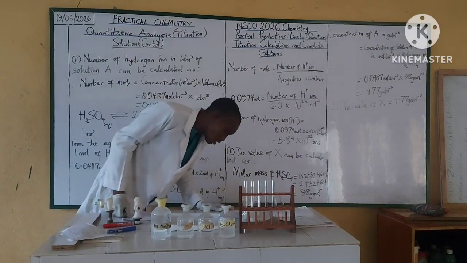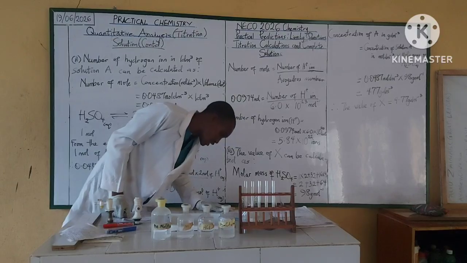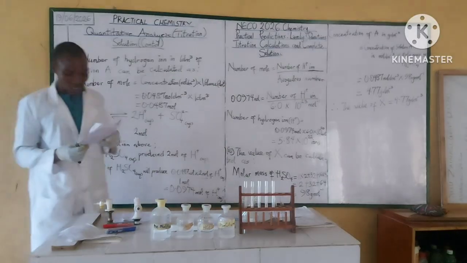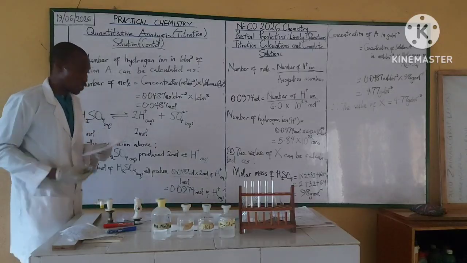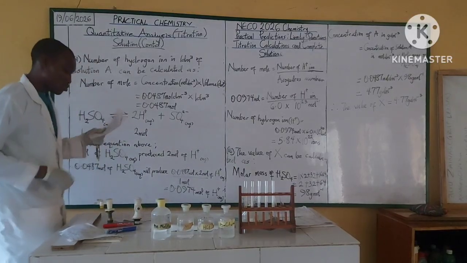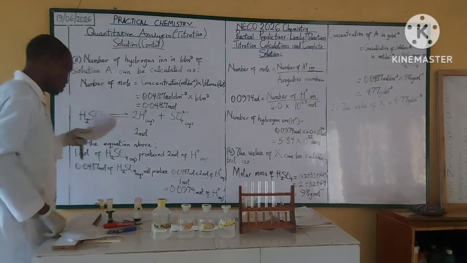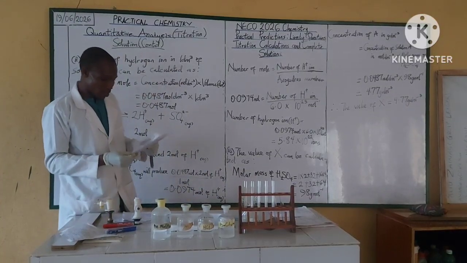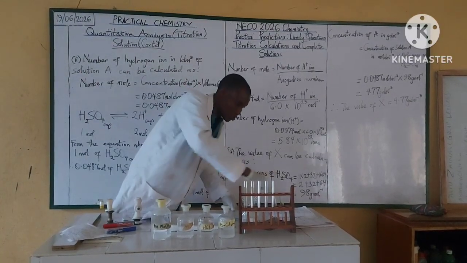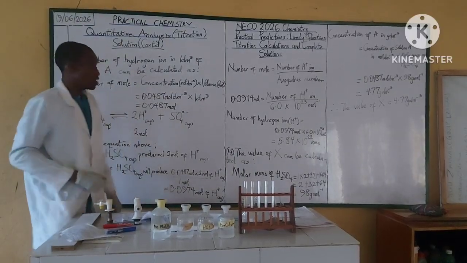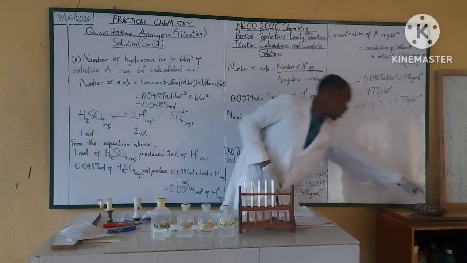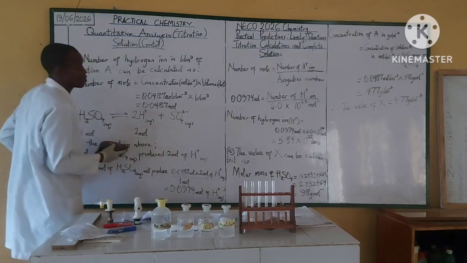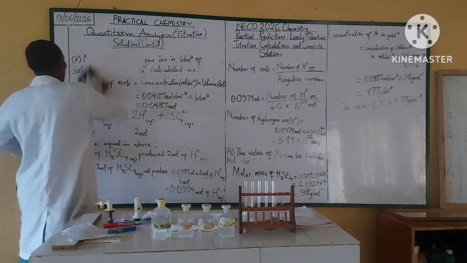The last question under this part, we are to determine the volume of solution A that would react with 64 grams of sodium hydroxide. This is between solution A and solution B, which is our point of concern.